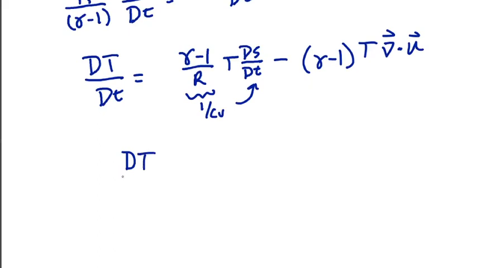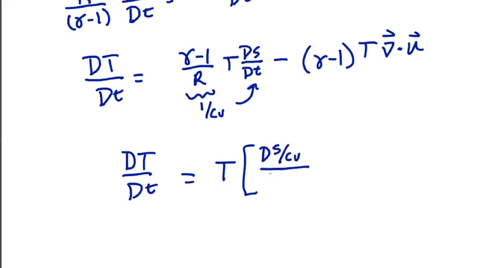So we might actually write this further as dT dt is equal to T times the quantity ds over CV, assuming no changes in R or gamma here, dt, minus now gamma minus 1 T div u.